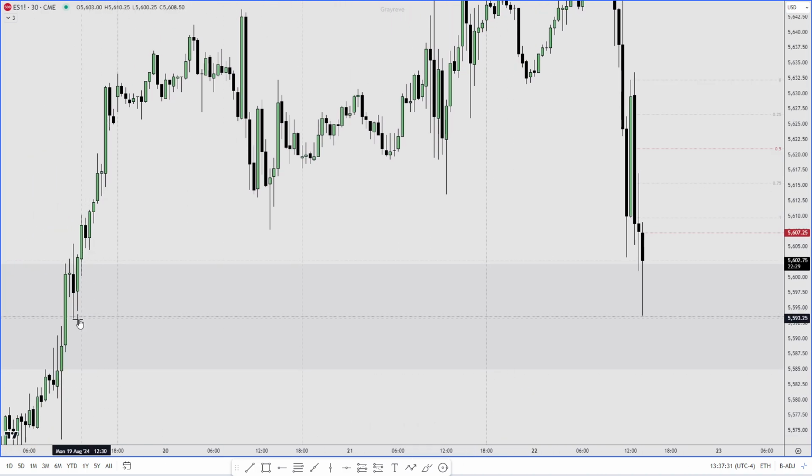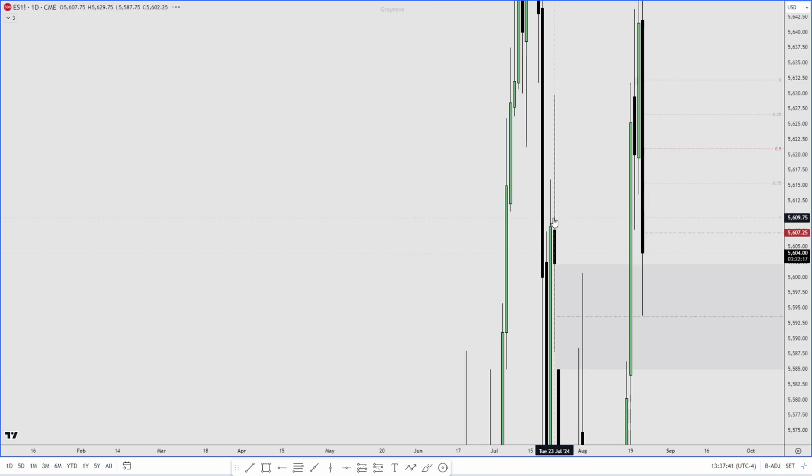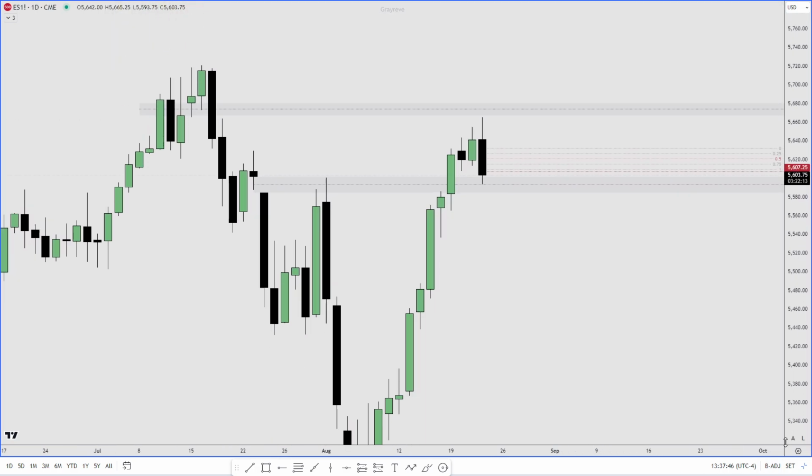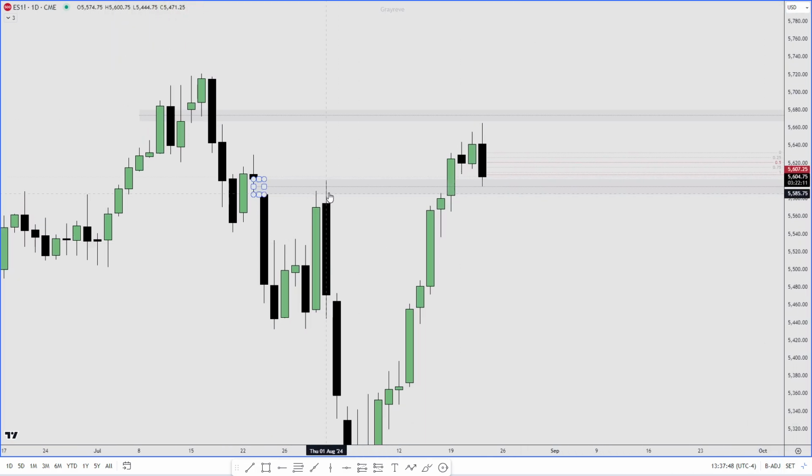Does it really need to take out this low for this reversal to be valid? I don't think so, because we have traded down into the daily volume imbalance already, tagging into the daily down close candle right here, which we have closed above right here.